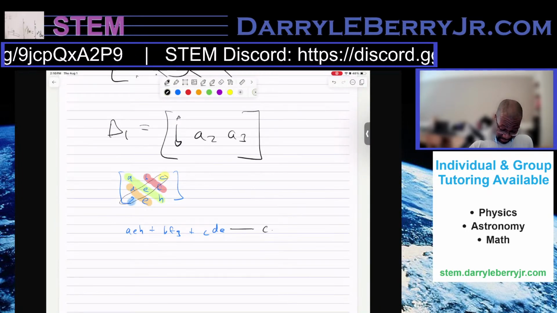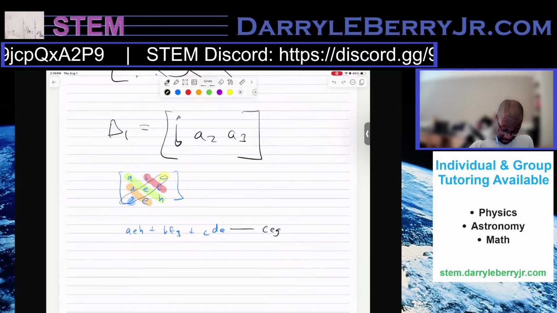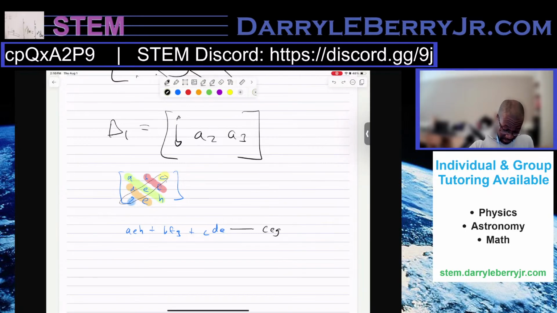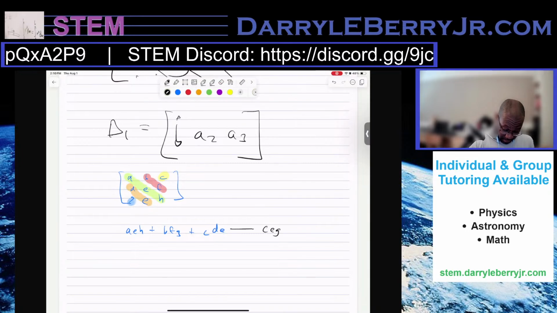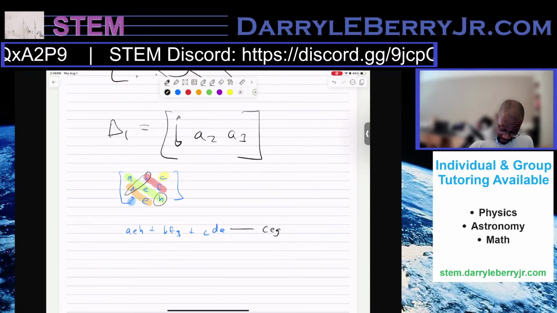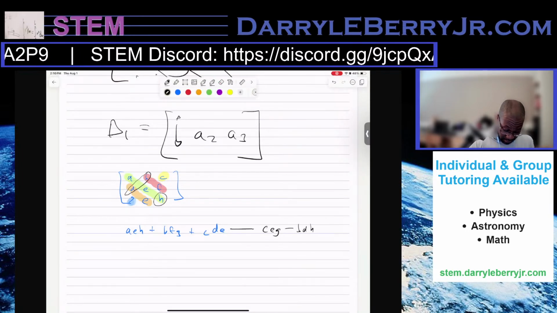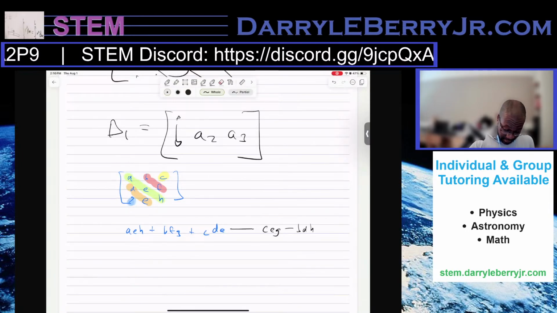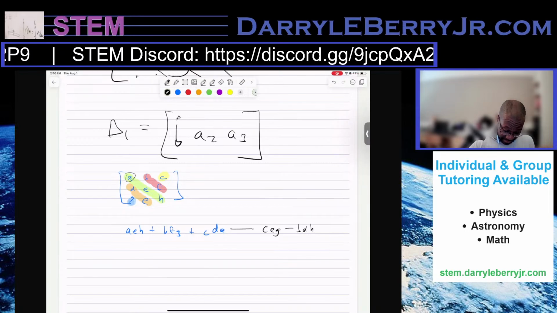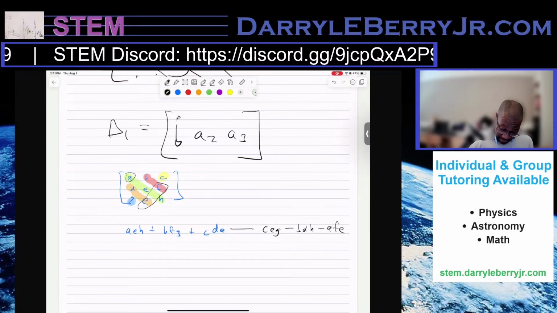So it'll be CEG minus, I don't want to erase everything, just this one. And so this one would be BD, run out of space, I, minus BDI. And then it'll be the same thing for the last one. So it'll be minus, run out of space, FH. So minus AFH.